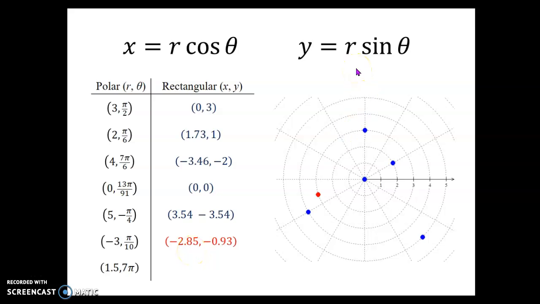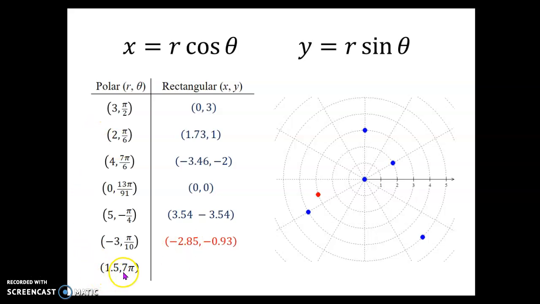And negative 3 times the sine of pi over 10, that's approximately negative 0.93. So we get down here in quadrant 3. An angle of pi over 10 is in quadrant 1, but when r is negative, we're facing that direction but taking 3 steps backwards, which ends us up in quadrant 3. So r can be negative, and when you have a negative r, that's just like having a positive r in the opposite direction.